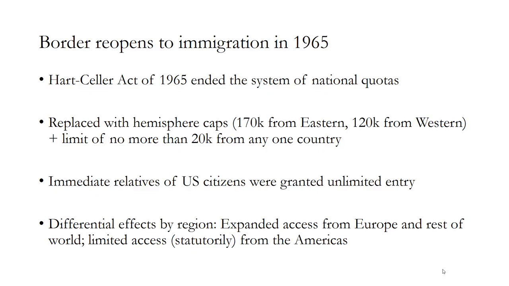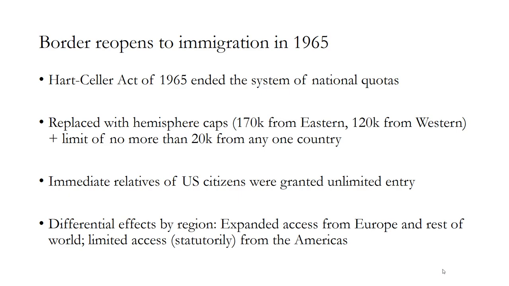It did expand access to the U.S. from European countries and from Asian countries, but it limited access to the U.S., at least statutorily, from the Americas. Before the 1965 Act, entry from the Americas was nominally unrestricted, and then restrictions were imposed. Europe and Asia were facing these severe quotas, and those quotas were lifted to a certain degree.